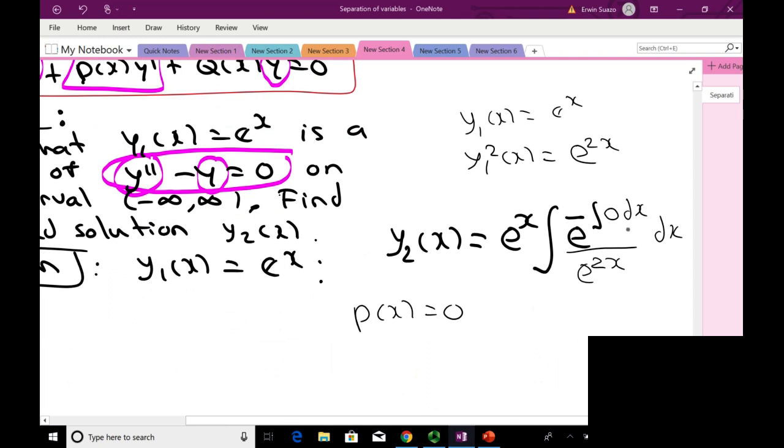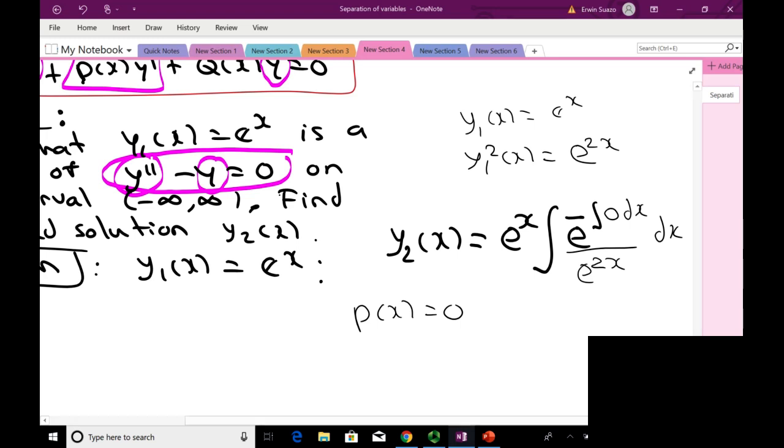Here we can just choose this to be 0. The integral of 0 could be a constant, but I'm just gonna choose it to be the constant 0. So this cancels.